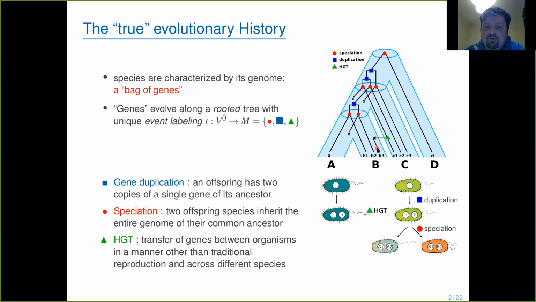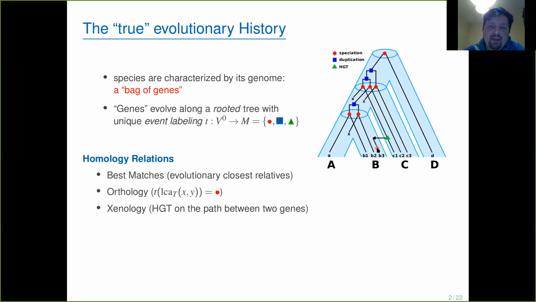So these are the basic events, and based on the true history, we can define several types of homology relations. Homology relations are binary relations on genes that have a common ancestor. One of these relations has been discussed in one of the previous talks.